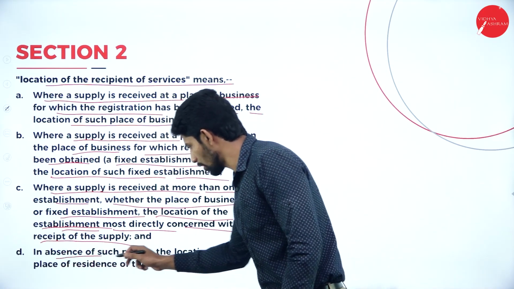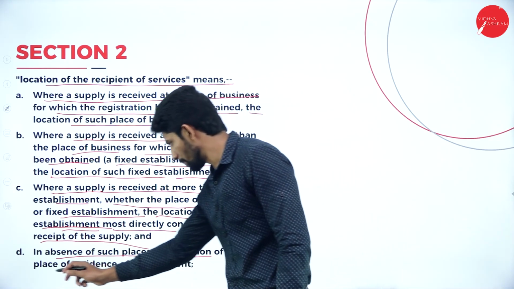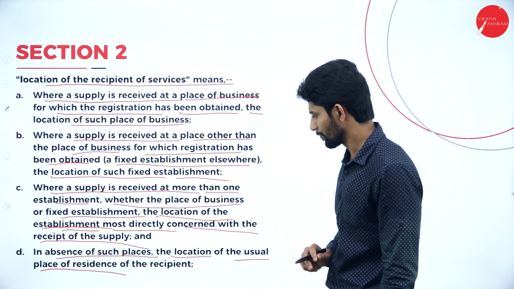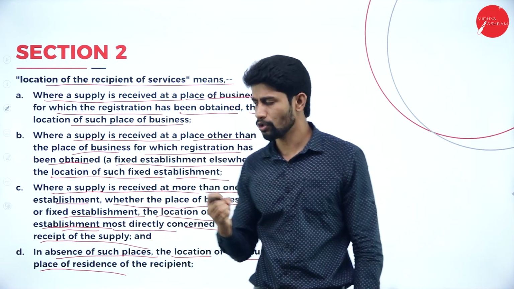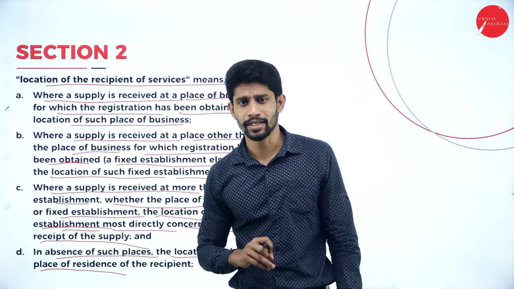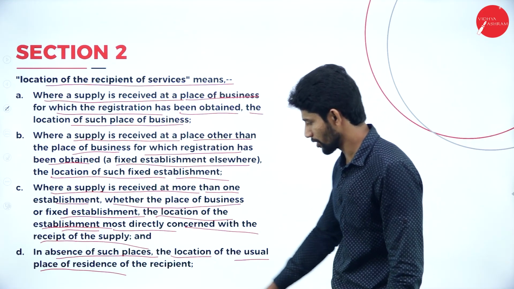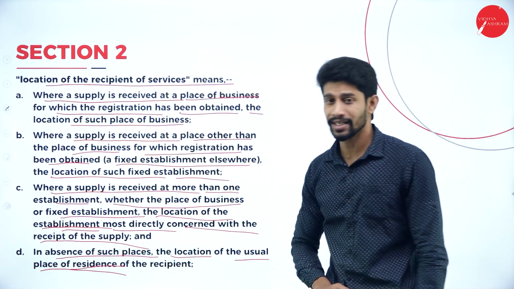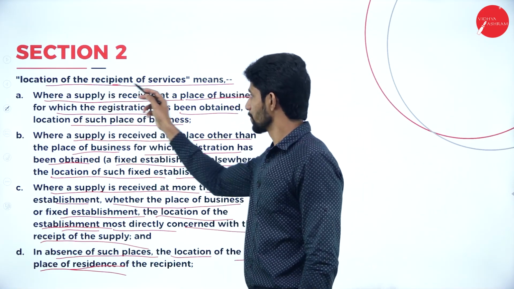Next, in absence of such places, the location of the usual place of residence of the recipient. Yes, if there is no proper business place or establishment, then we will consider the residence location of the recipient as the location of the recipient of services.